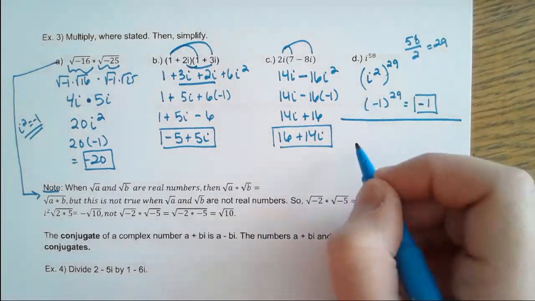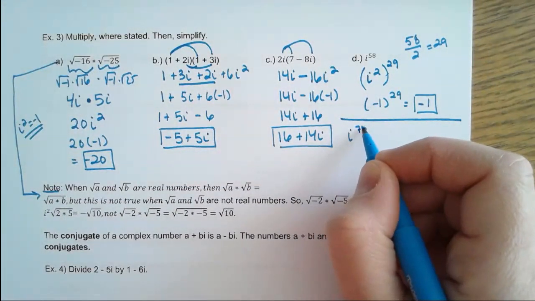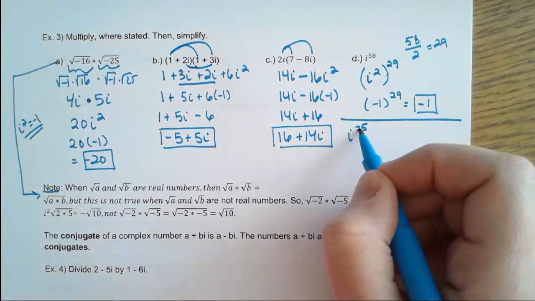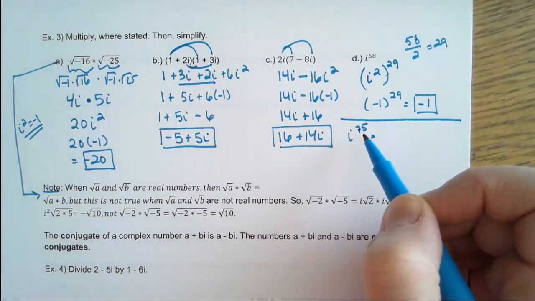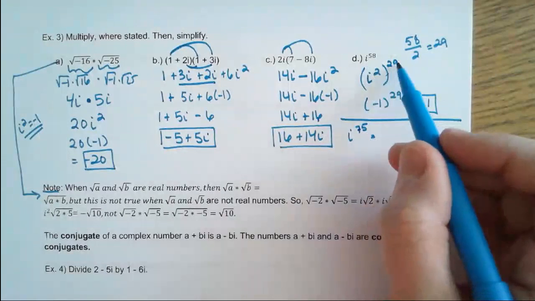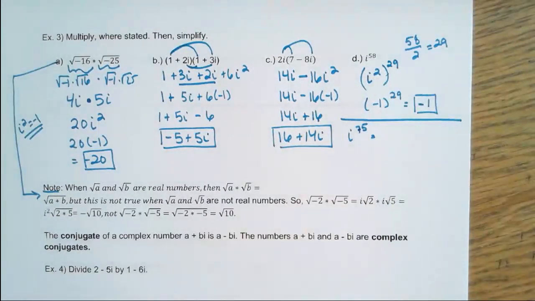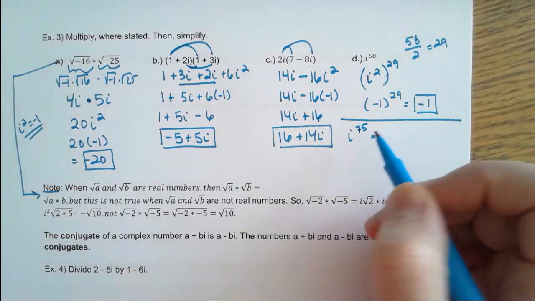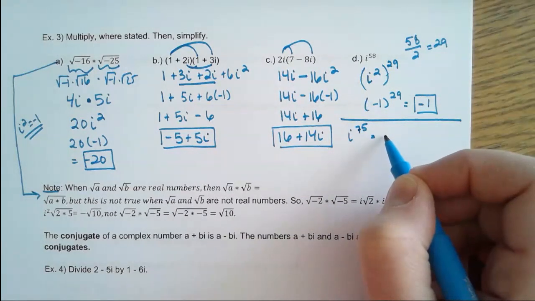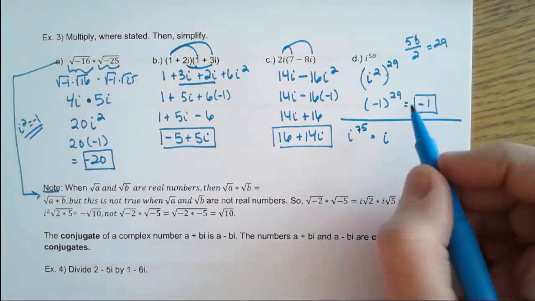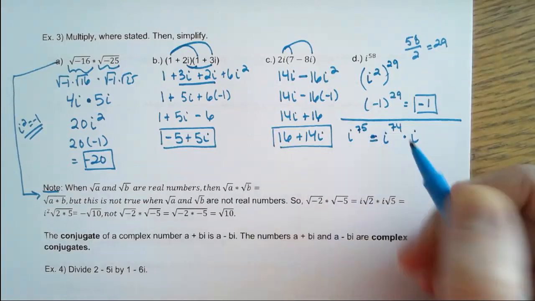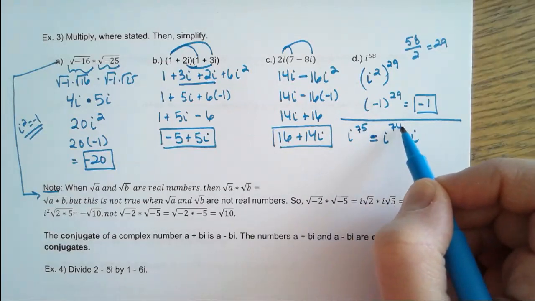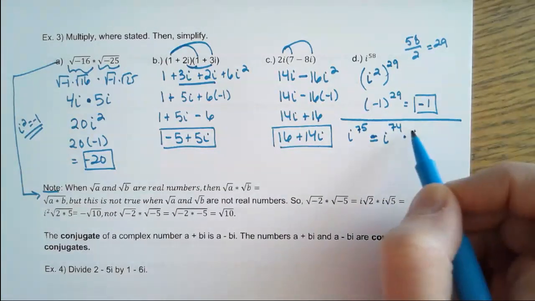Let me do another one here. So this one's a little bit harder because if I try to divide it by 2, it doesn't come out evenly. If I can divide it by 2 evenly, this is a perfect trick to use. If it doesn't divide evenly, what I can do is just take one of the i's out. So I can rewrite this as i to the 74 times i. I haven't changed the problem.